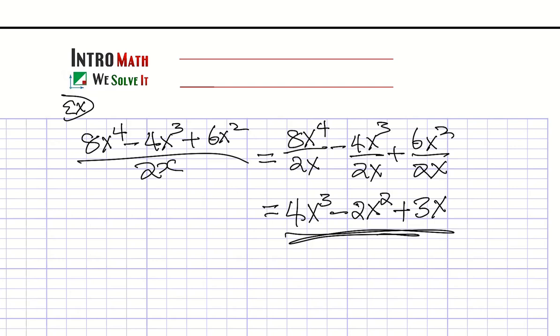All right. Now notice something. You remember I told you in the previous video that when you divide a polynomial by a polynomial, you may get a polynomial, you may not get a polynomial.